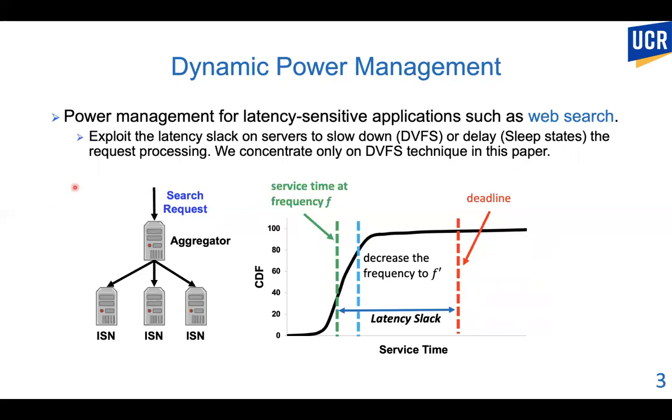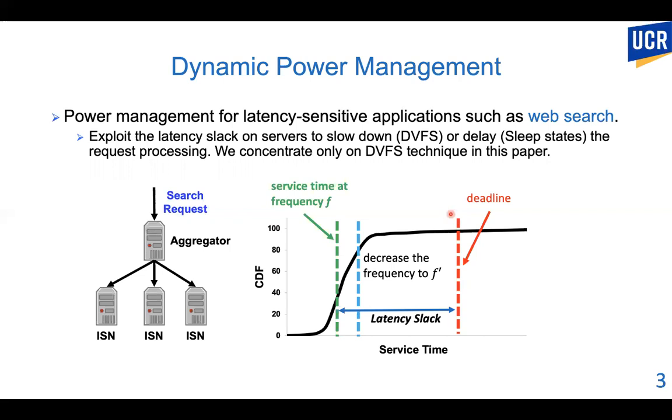Power management for latency-sensitive applications such as web search is challenging due to the strict latency constraint. A search engine typically employs a partition and aggregate architecture in which the aggregator broadcasts the search request to all the ISNs. For improved search latency, an ISN has to return a query's response before the given deadline.